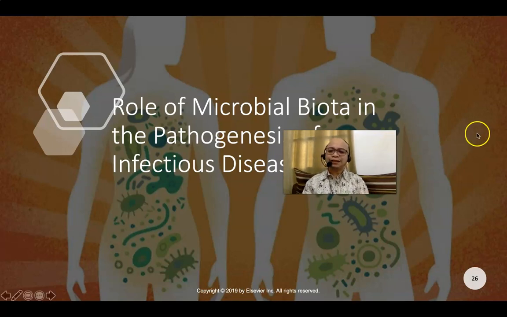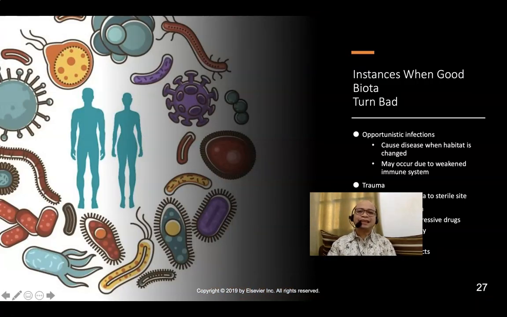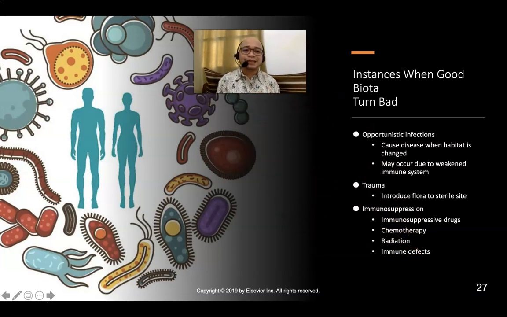Okay, so what are the roles of microbial biota in the pathogenesis of infectious diseases? There are instances when good biota turn bad, and this may be caused by several factors. Number one is opportunistic infection.